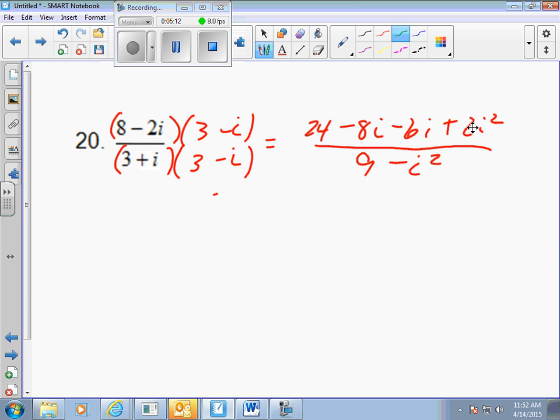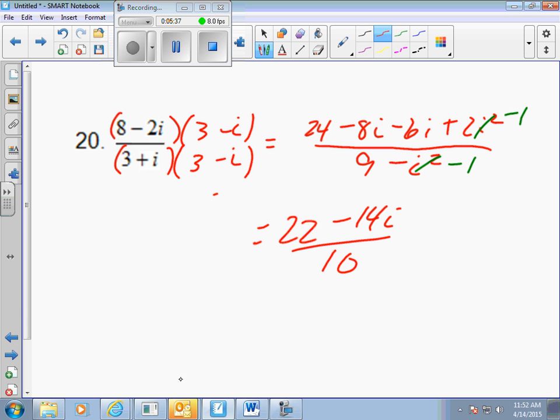We know that i squared is -1. And if I put -1 times the 2, I get -2. Plus the 24 gives me 22. -8i and -6i gives me -14i. And on the bottom, 9 minus -1, two negatives makes a positive, gives me 10.